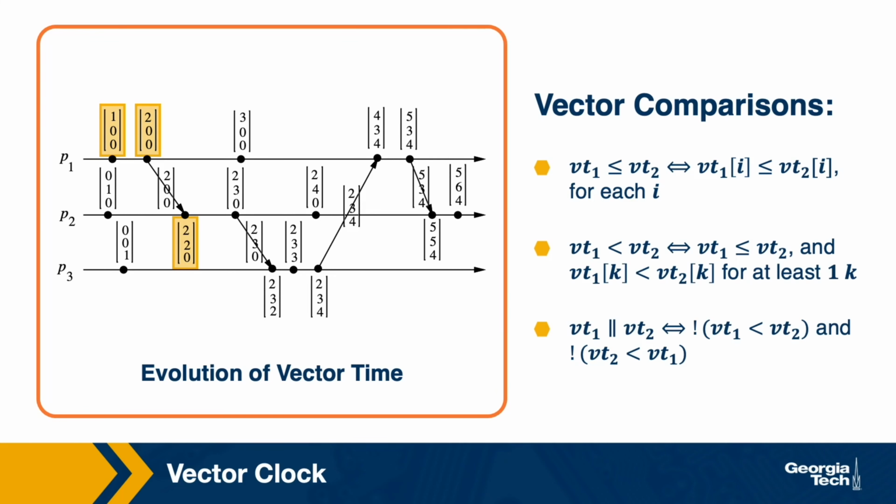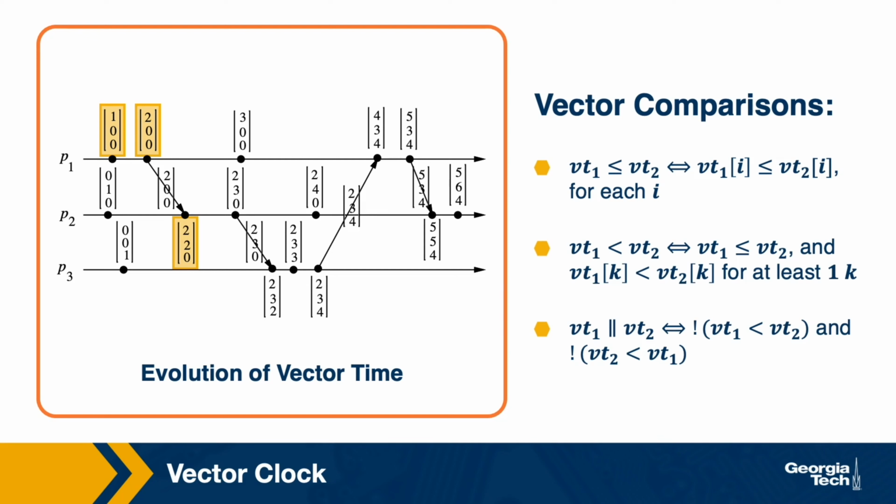Now what we really want is a strictly less than relationship. Vt1 is less than Vt2 if it is less than or equal to, but there is at least one element in Vt1 which is strictly less than the corresponding element in Vt2.